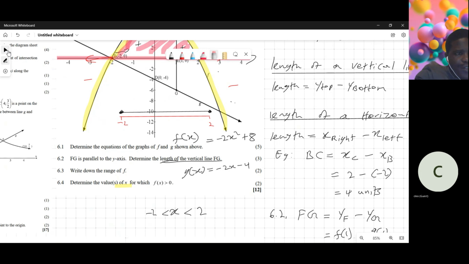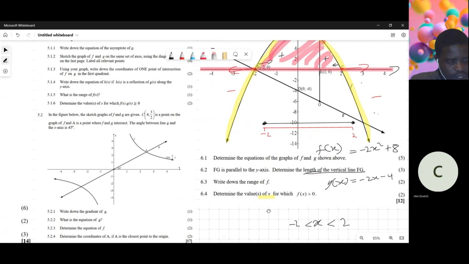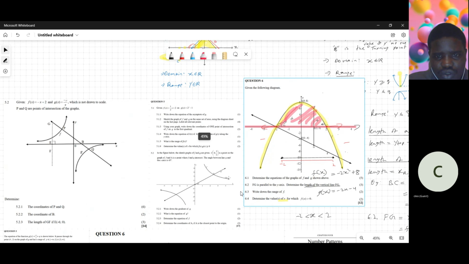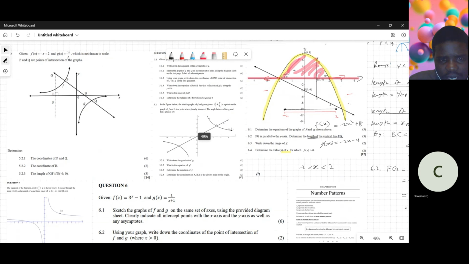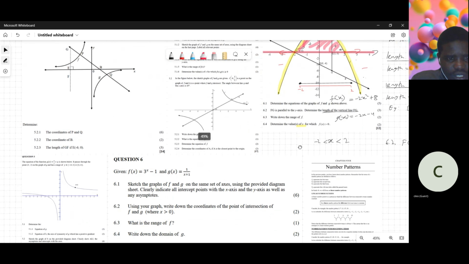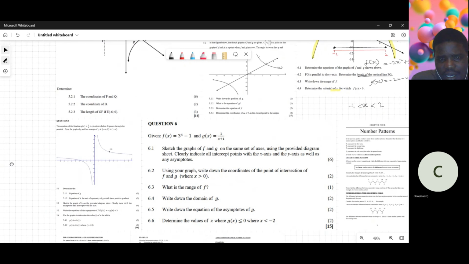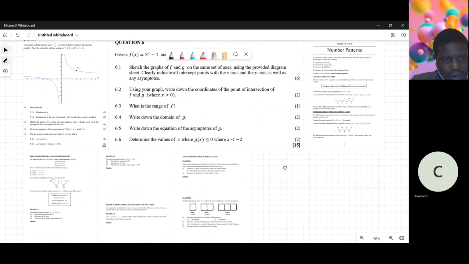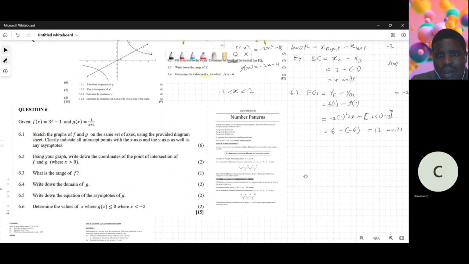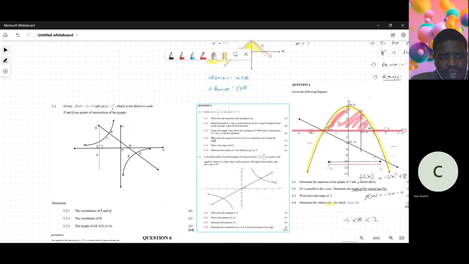So we have so much work to do. There's so much work if we can zoom out. So tomorrow we must be doing this. I mean, on Monday we must be doing this, and question 6. And question 6, yeah, still on the parabola. Yeah, on the hyperbola.